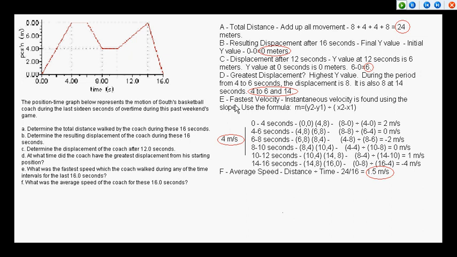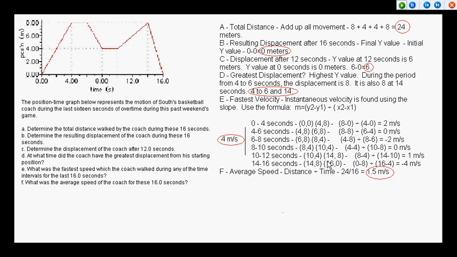To find the fastest velocity, you have to look at the slope of each section of the coach's movement. To do this, to find the slope, you have to use the formula slope equals y2 minus y1 divided by x2 minus x1. So it's pretty obvious when you're just looking at the graph. You can see, oh, well, this is the steepest, that's the fastest time.